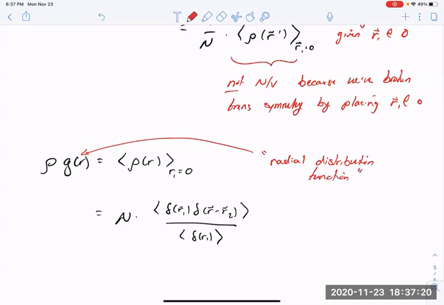It is the simplest quantity that encodes the structure of a fluid through the use of this density-density correlation function.